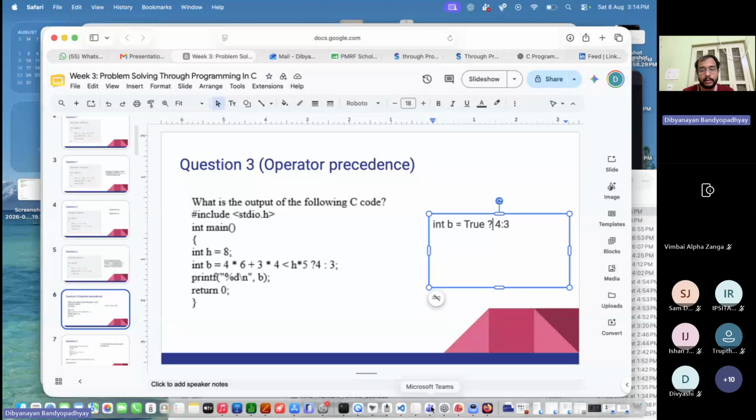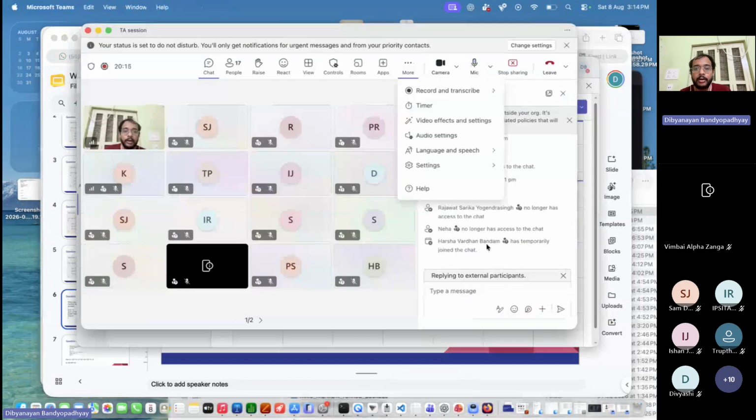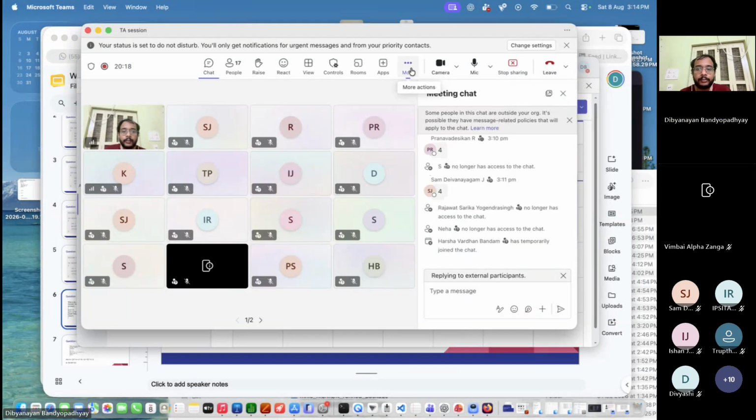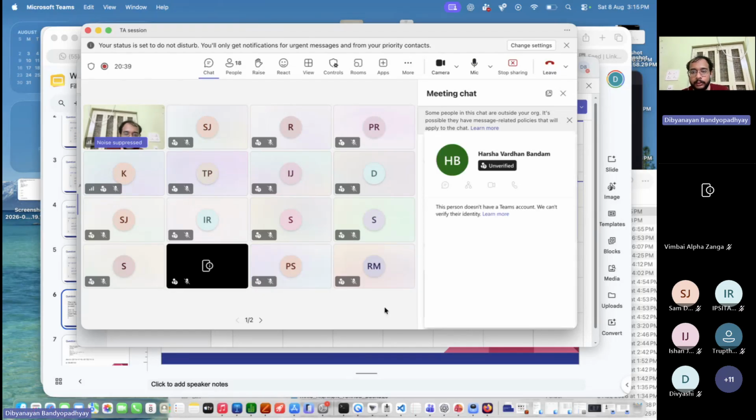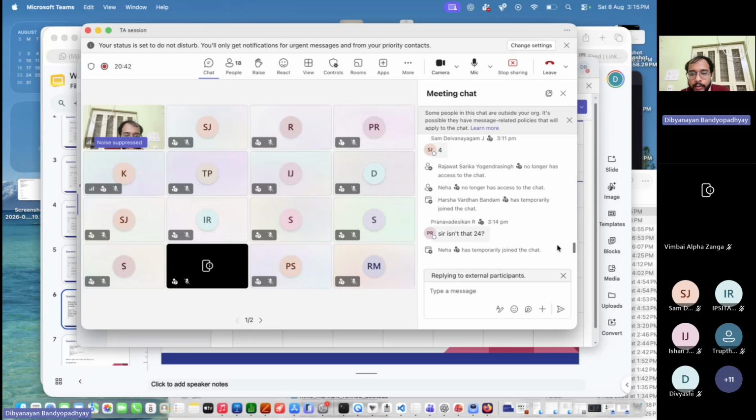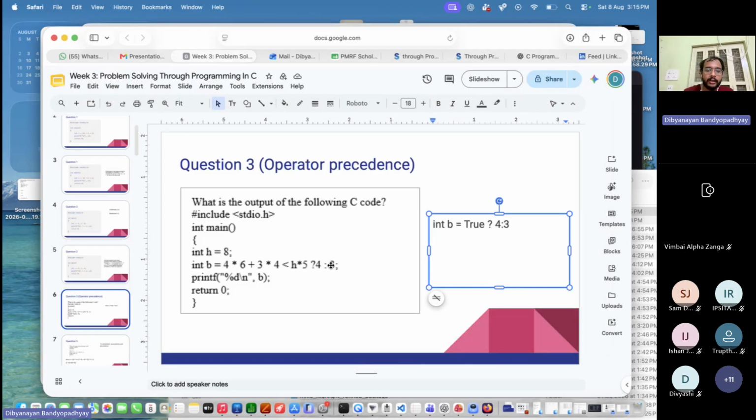So any questions up to that part, how it got evaluated or not? Any idea? Any questions? Somebody is typing. Is not that 24? No, no, it is 4. You see carefully, only two options are there, 4 and 3.